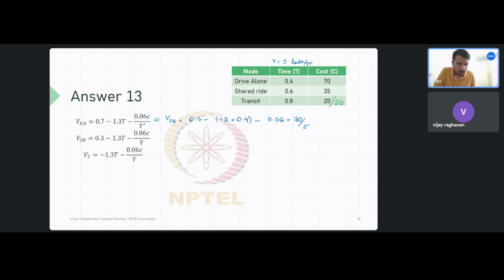So this is coming as minus 0.006, 1. Let's do for shared ride. 0.3 minus 1.3 times time 0.6 minus 0.06 times cost 35, plus income 5. Minus 0.9.